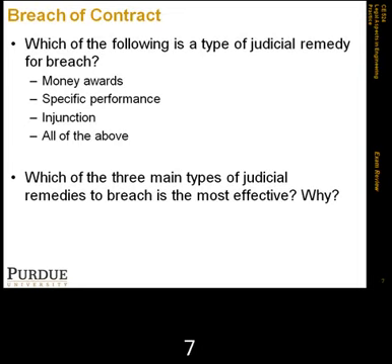Okay guys, so let's go ahead and look at our third lecture, which looks at our sources. We had 2 lectures on sources of rights and duties. The first one was sources of rights and duties from within the contract documents themselves.